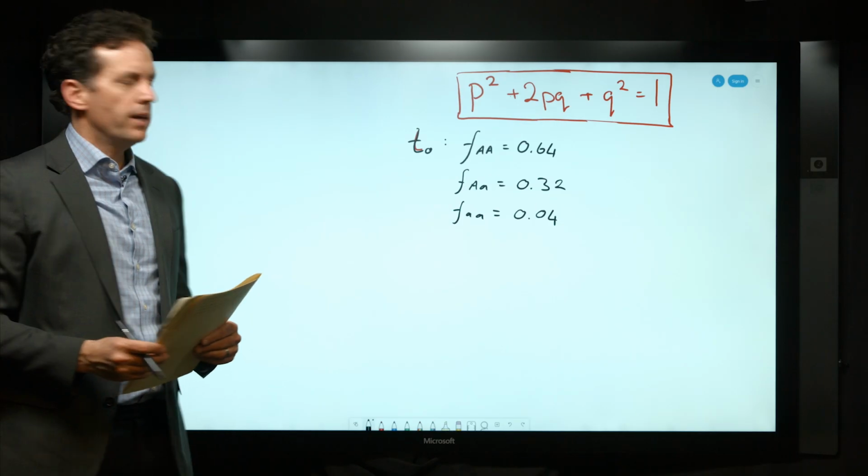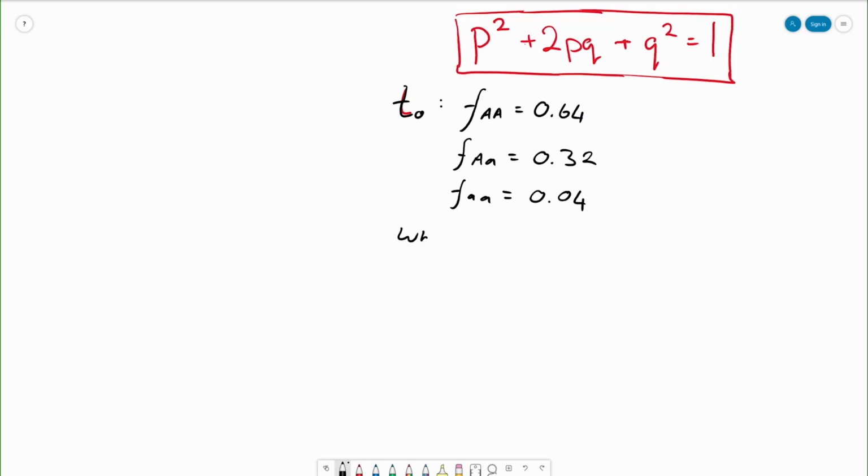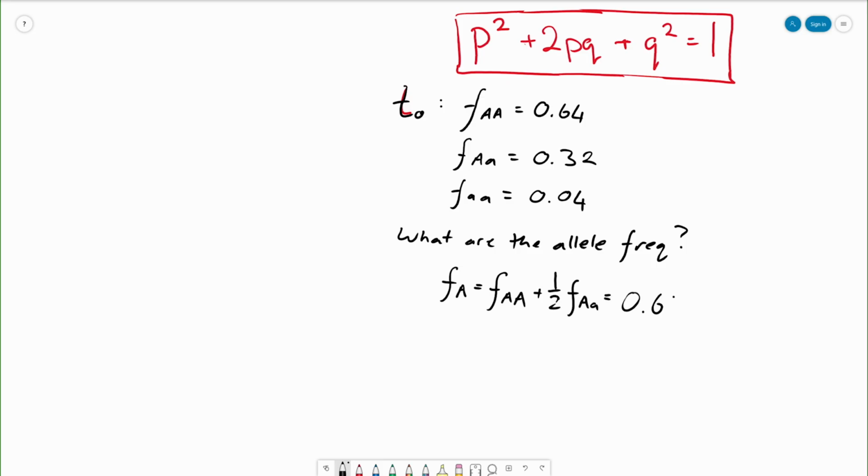We can now compute the allele frequencies using the relationship that we learned. And so let's ask, what are the allele frequencies? And of course, the allele frequency of the big A allele is equal to the frequency of the big A homozygote plus half the frequency of the heterozygotes, which in this case is 0.64 plus half of 0.32, which is equal to 0.8, and that is our p.